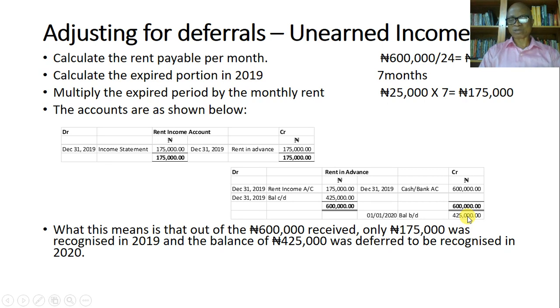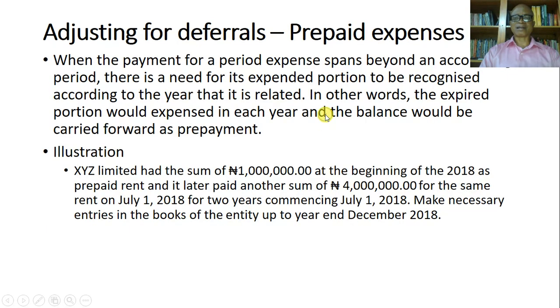What this means is that out of the 600,000 received, 175,000 was recognized in 2019, and the balance of 425,000 was deferred, to be recognized in the year 2020 and the years ahead. All right, so that talks about unearned income.